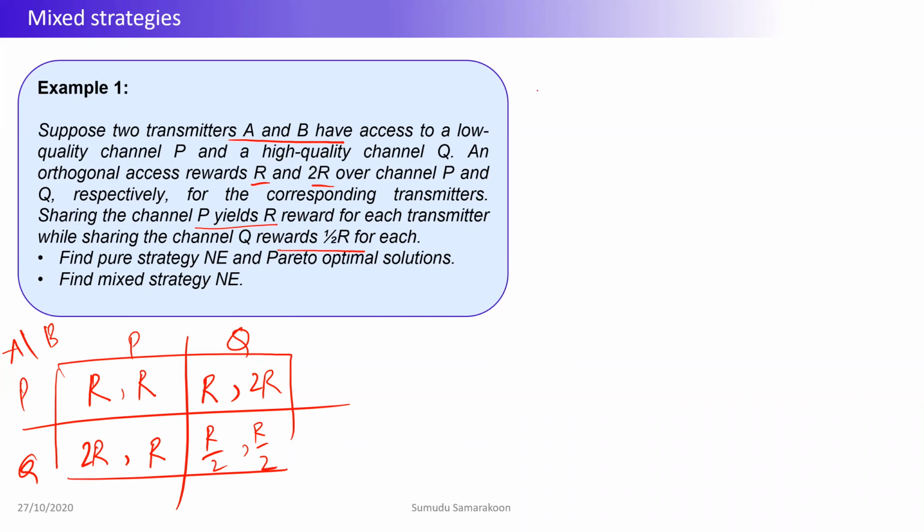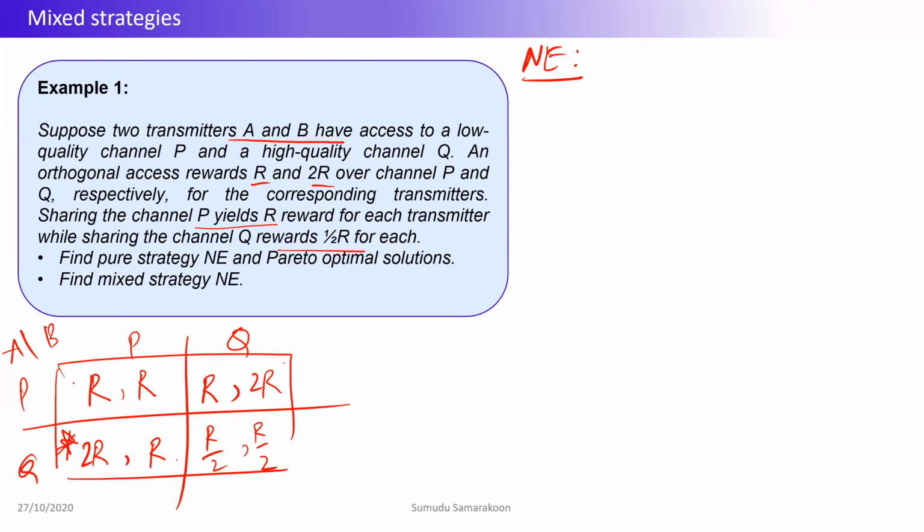Find the pure strategy Nash. Okay. If we are here, definitely A prefers to move. And if we are here, of course, B doesn't want to move. So this is one of them.